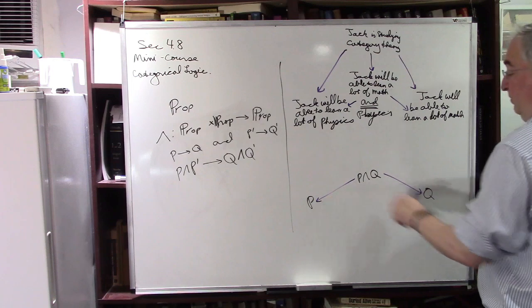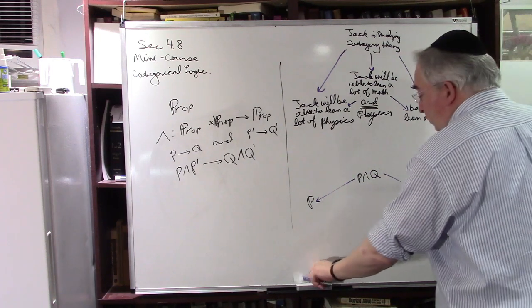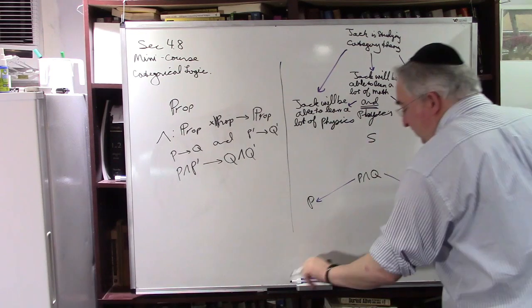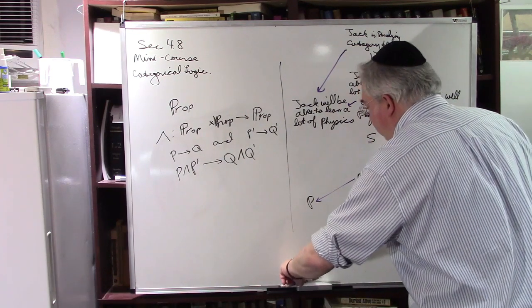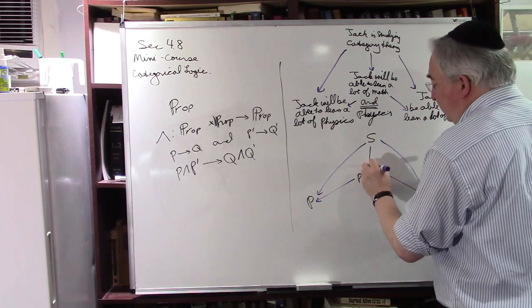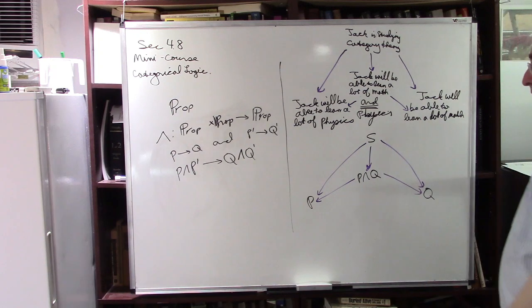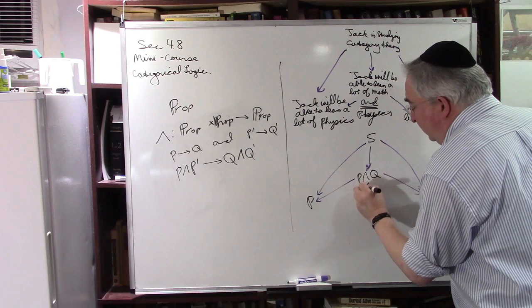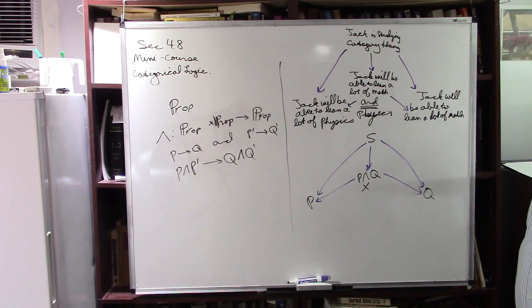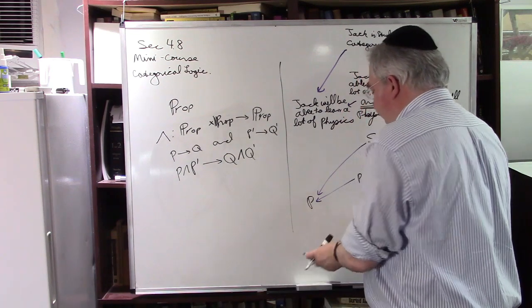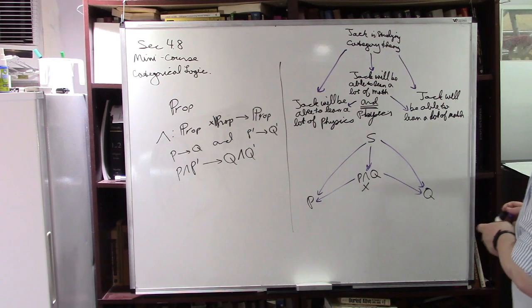P and Q implies P, P and Q implies Q. And furthermore, if you have another statement S, and S implies P, and S implies Q, that implies that S implies P and Q. So what we see is the AND is nothing more than the product, the Cartesian product, in the category. Very nice. It's the product in the category.